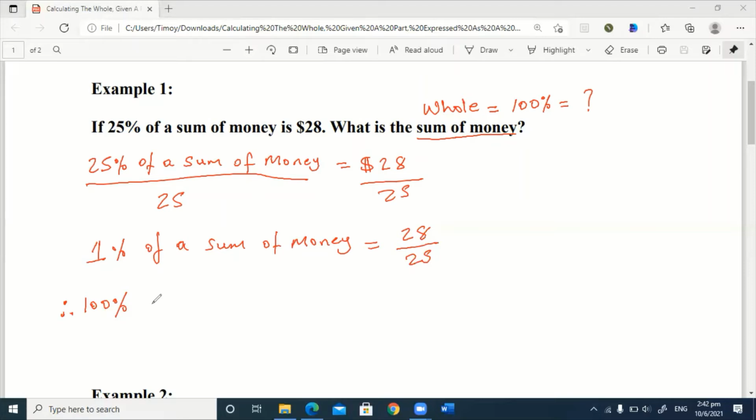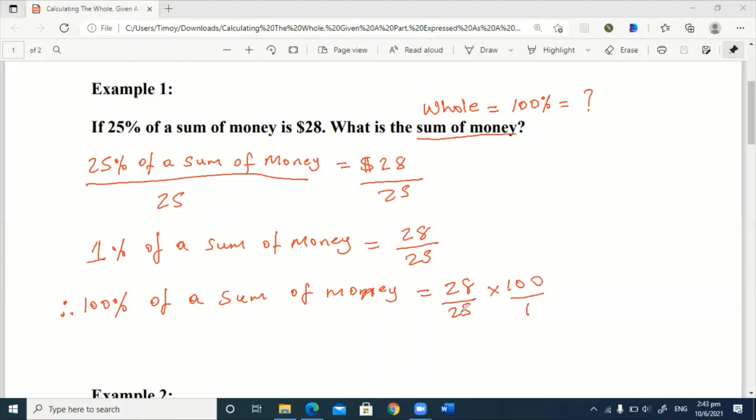So 100% of a sum of money is going to equal 28 over 25 times 100 over 1.